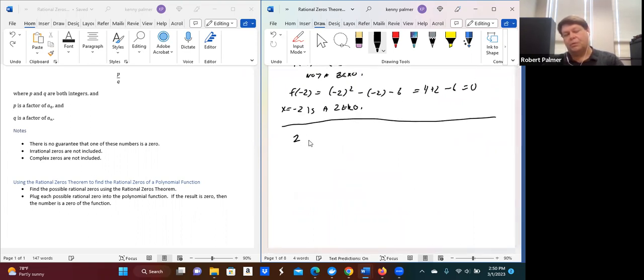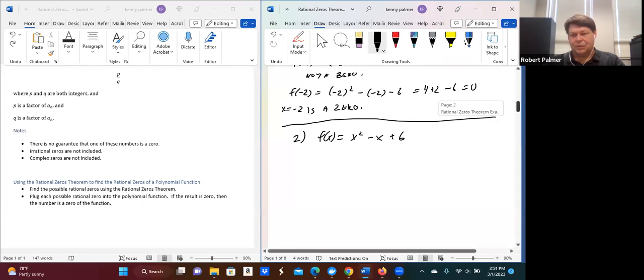Number 2. So f of x is equal to, let's see, x squared minus x plus 6. Okay.